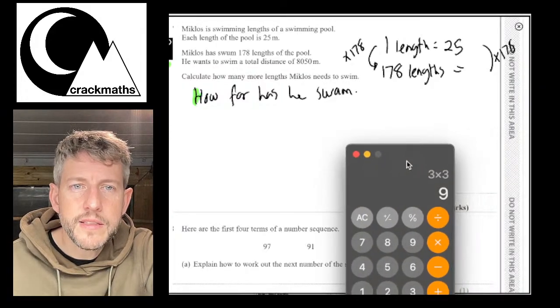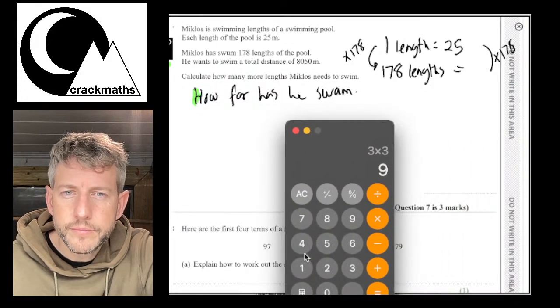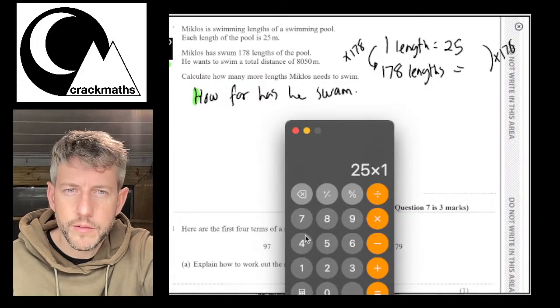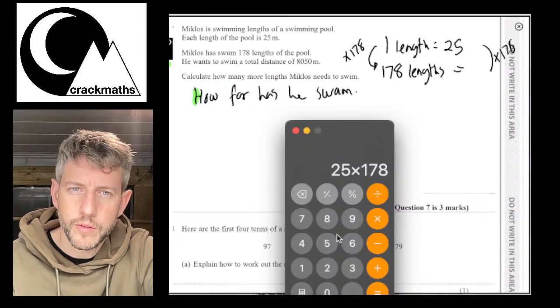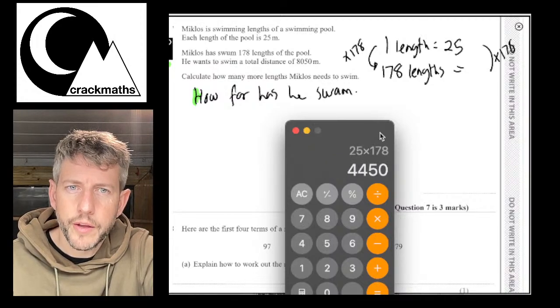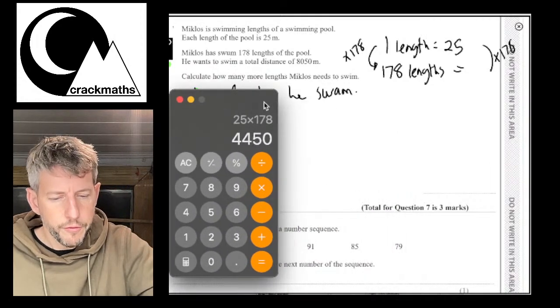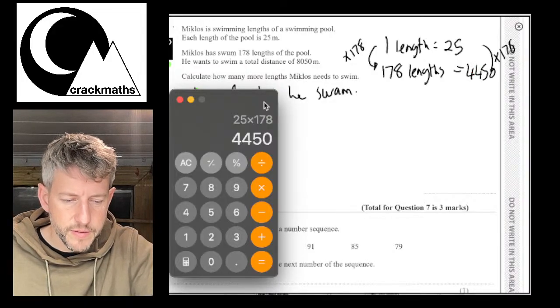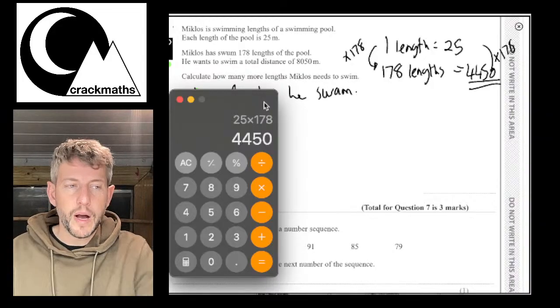So let's do 25 times 178. So he swam 4,450 metres. That's how far he swam.